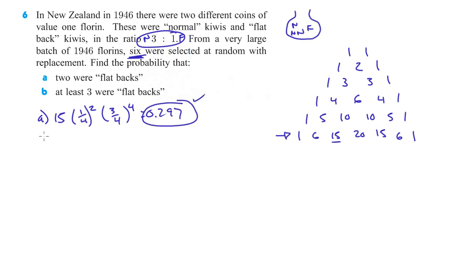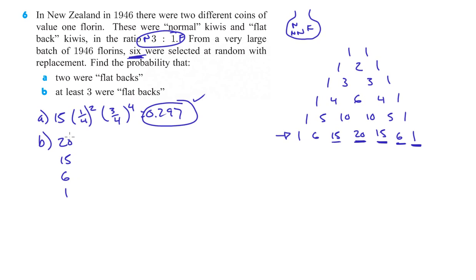And then for part B, at least 3 were flatbacks. So we've got 0, 1, 2, at least 3. It's going to have to be this one plus this one plus this one plus this one. So we've got 20, 15, 6, and 1.